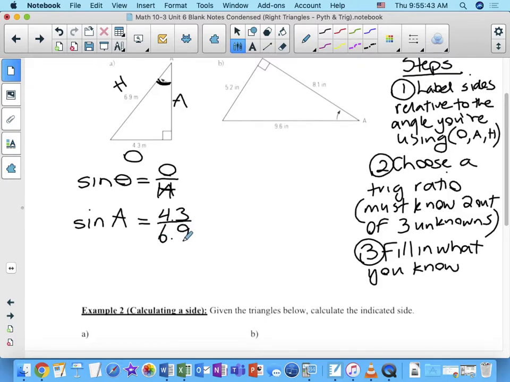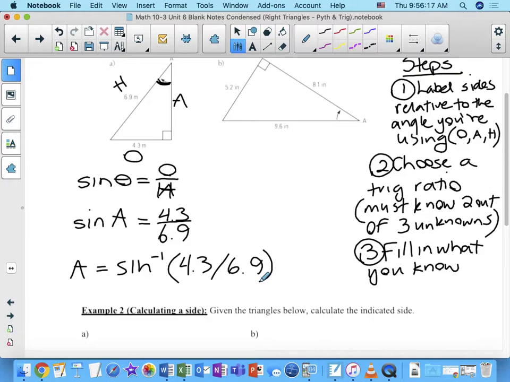There we go. Okay. Now, if I know the ratio and I want to get an angle, which of the buttons do I need to use on my calculator? Sine or sine inverse? Sine inverse. So to get the angle, to get A, I'm going to go sine inverse of the ratio. 4.3 divided by 6.9.